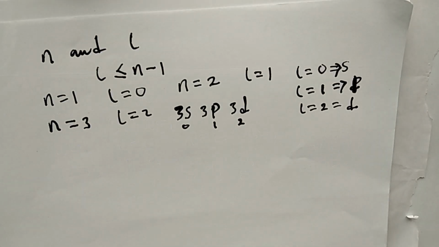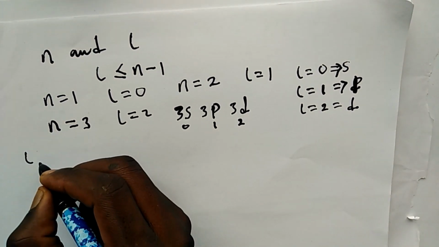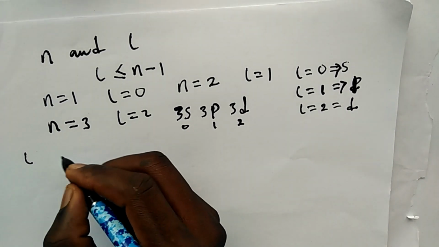So now let's look at the relationship between the azimuthal quantum number L and the magnetic quantum number ML.